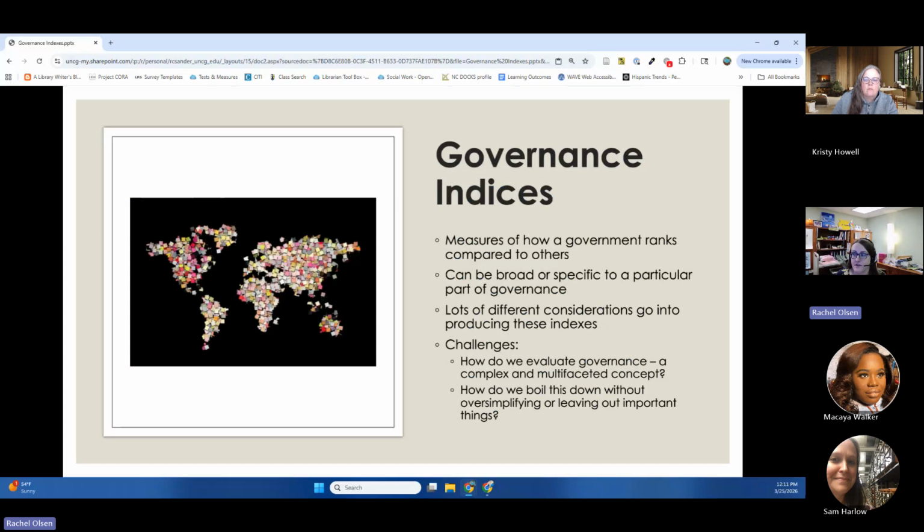There are lots of different considerations that go into producing these, and lots of questions that have to be asked. I think some of the particular challenges are, how do we evaluate governance? How do I decide how one country's government is doing compared to the government of another country, particularly when we're talking about countries that are completely across the world from each other, and may not have a ton of interaction, or may be characterized one way or another?